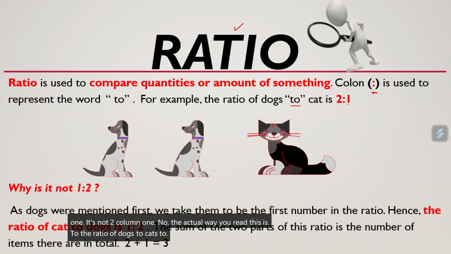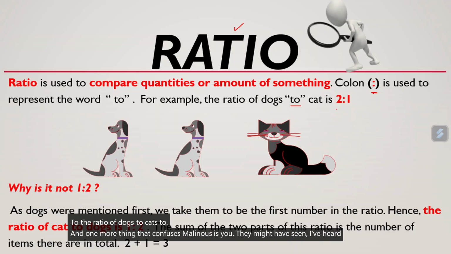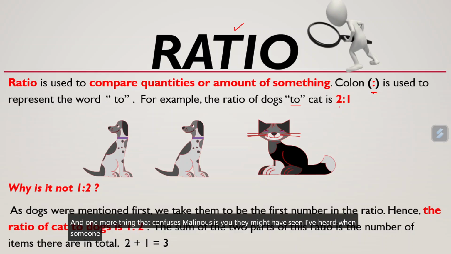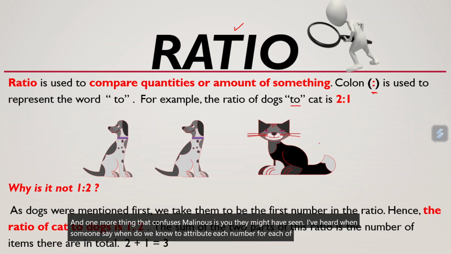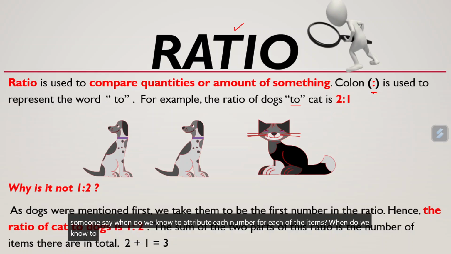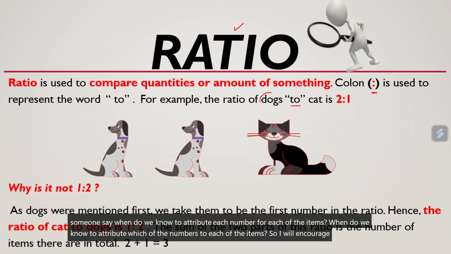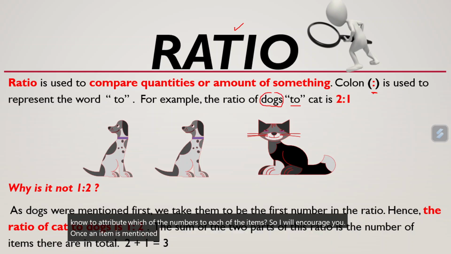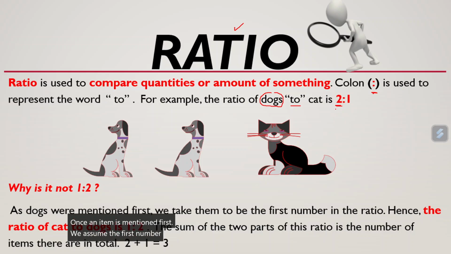One more thing that confuses my learners is, when do we know which of the numbers to attribute to each of the items? I will encourage you: once an item is mentioned first, we assume the first number goes to it.